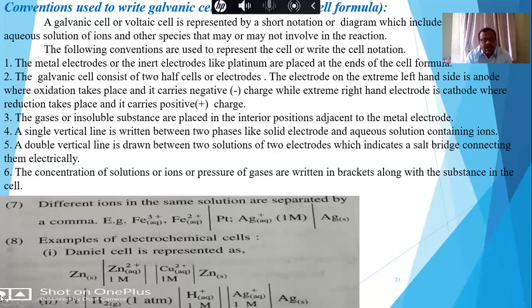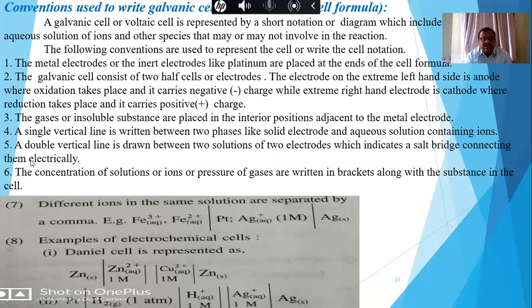The next convention is that if we have different phases of solids or liquids in a cell, a single vertical line is written between the two phases, like a solid and an aqueous solution containing the ions.